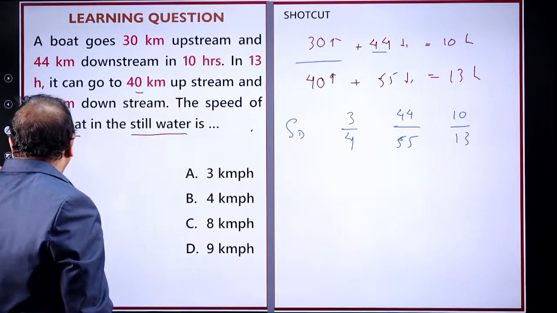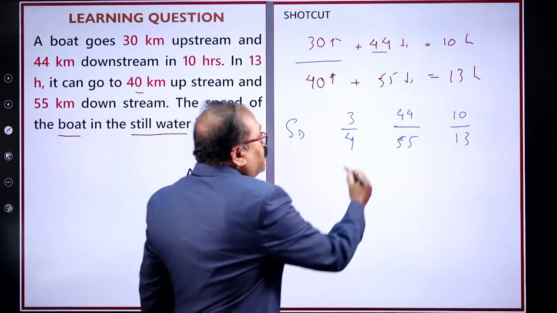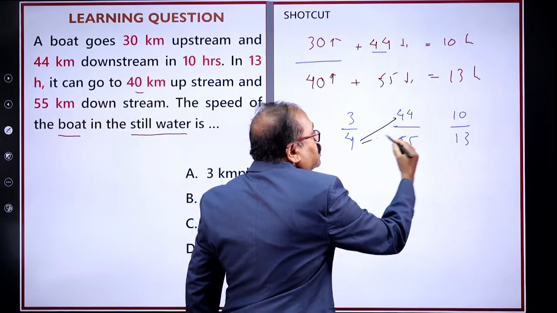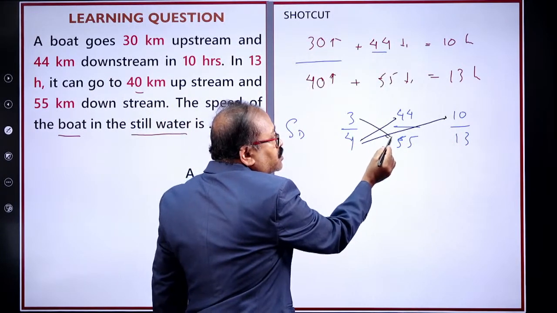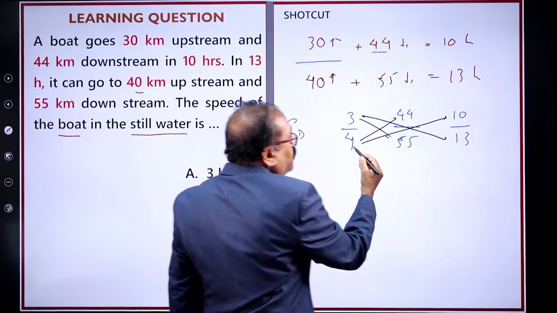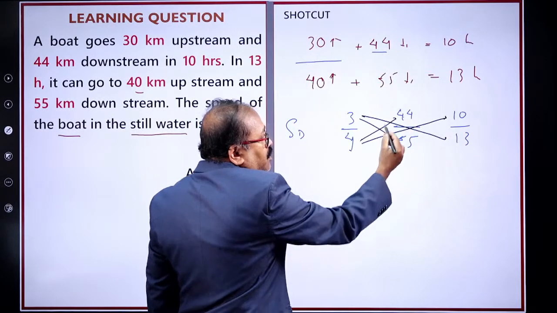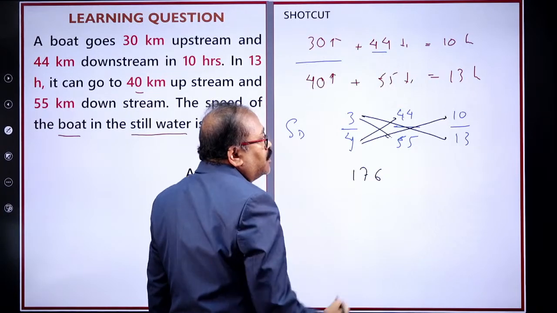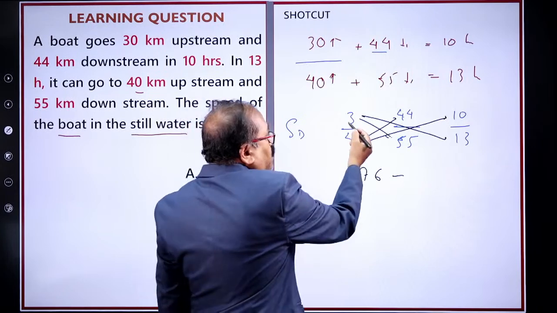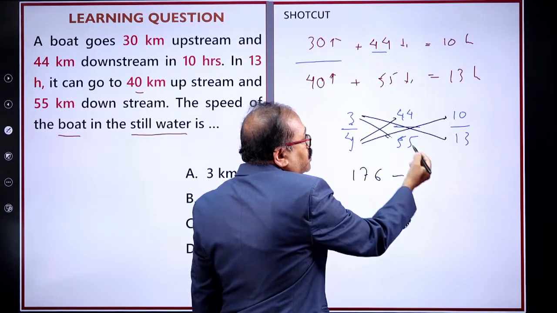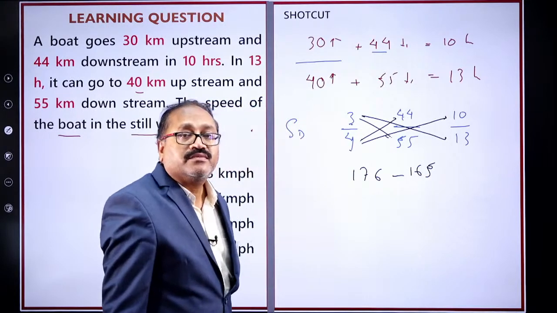Now, what do we do here to get the speed of downstream? We go for a cross multiplication over here. Okay, let's do this one. 44 into 4 is 176. And minus, we take the difference here, 3 into 55, which is 165.